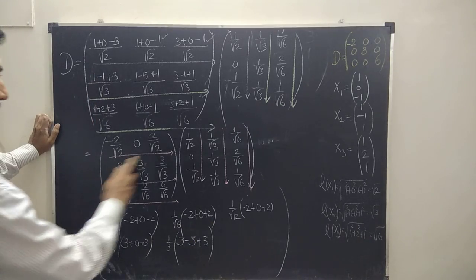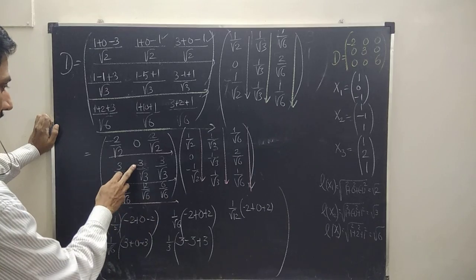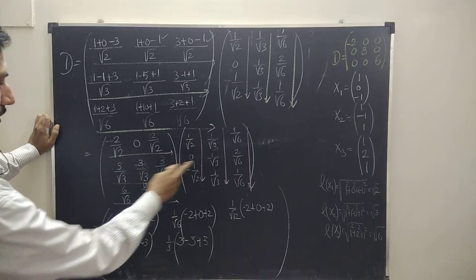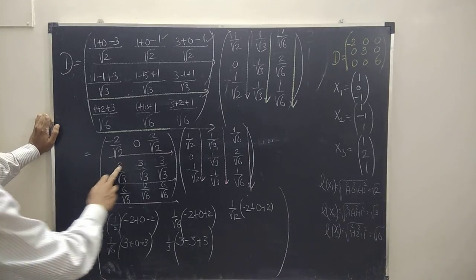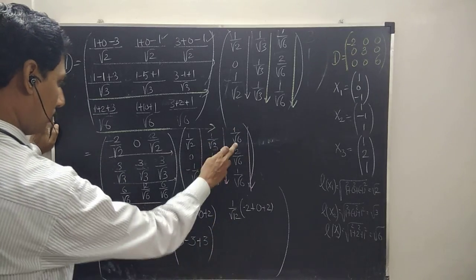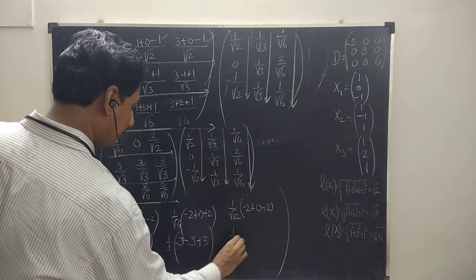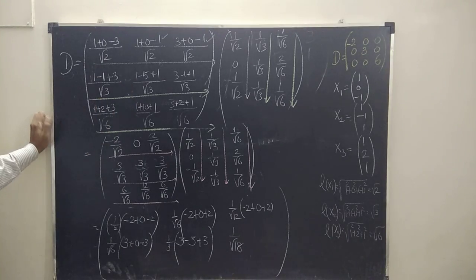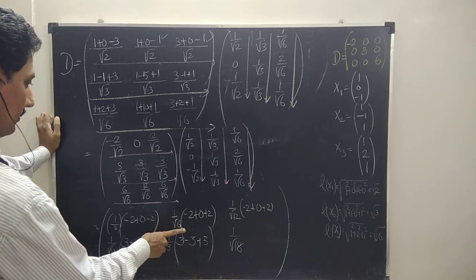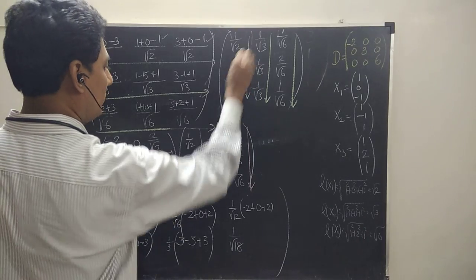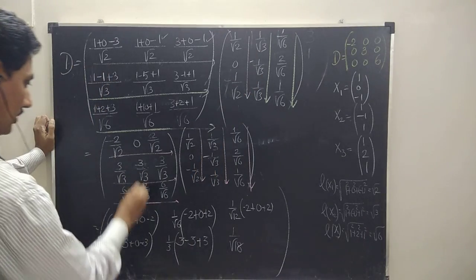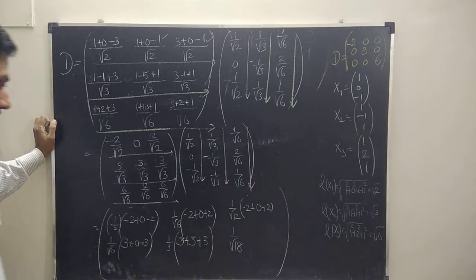Otherwise it is 3 into 1 is 3, yes, right? Minus 3 here, minus 3 into 1 is minus 3, 3 into 1 is 3, then finally 3 into 1 is 3, so root 3 into root 6, so 1 by root 18. I think this also comes as minus minus plus, yes, minus 1 by root 3, so this comes as minus minus plus, right.